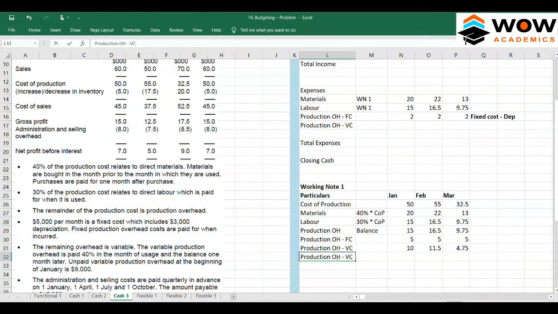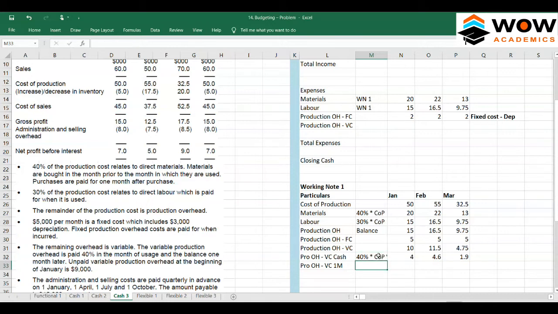Production overhead VC will be paid as cash and also with a 1 month delay. So 40% is paid as cash.